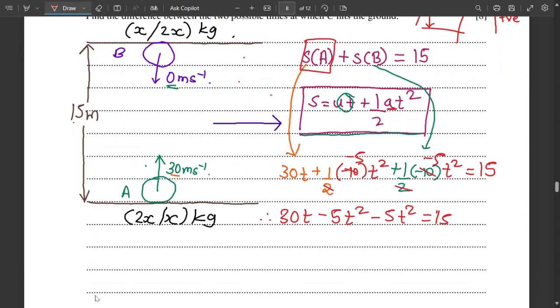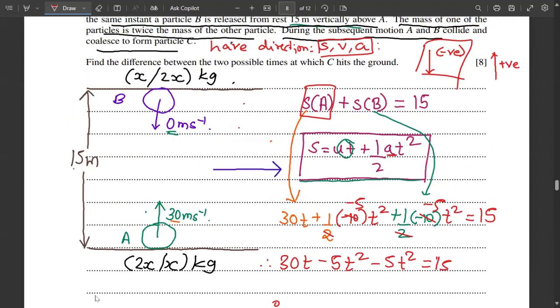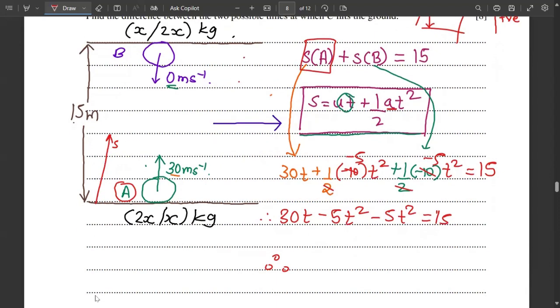What we need to realize here is that in the case of A, the displacement of the ball is upwards, and the acceleration is negative, because something moving upwards is taken as positive.